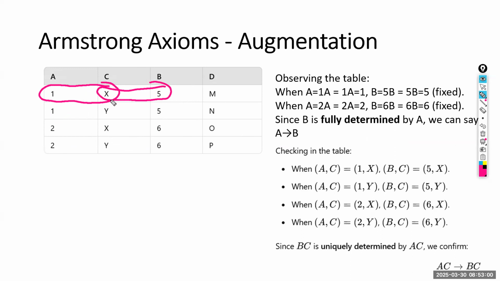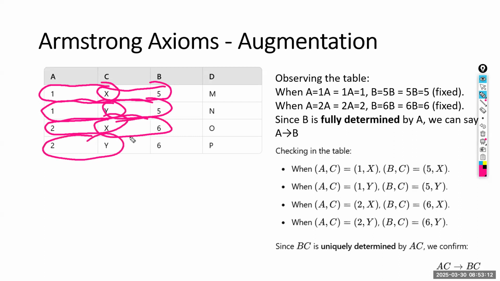Again, if you have 1 and X, it must be X and 5. 1 and Y, it must be Y and 5. 2 and X, it is X and 6. 2 and Y, is it Y and 6? Okay, so therefore, yes, AC combination determines BC combination. But can we say that AC combination determines B?